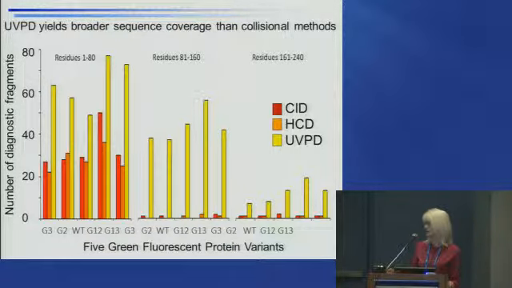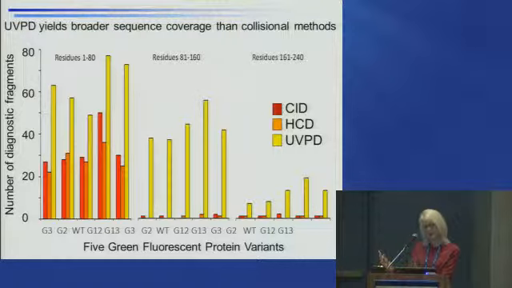And these are just all the N-terminus ions. You can see the dominant number are formed in between 1 to 80 residues. So those are fragments containing 1 to 80 residues. And UVPD has the greatest number of those diagnostic fragment ions.